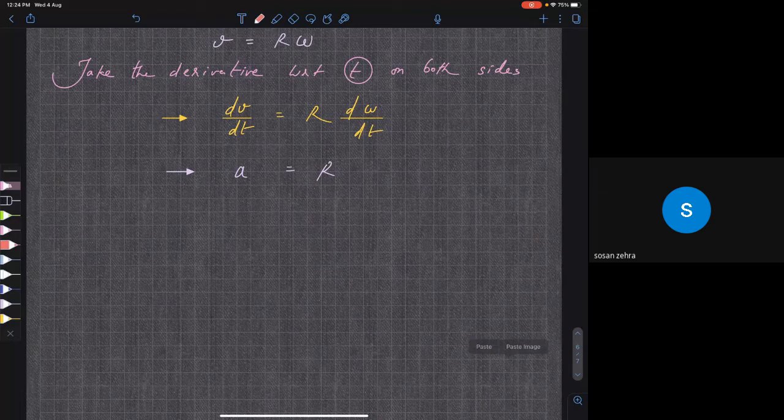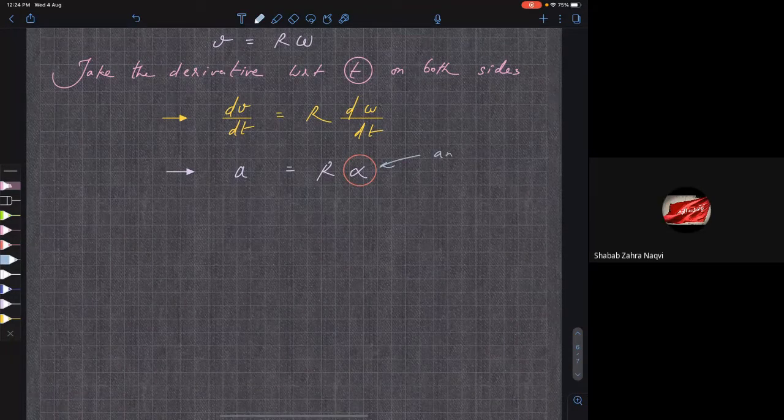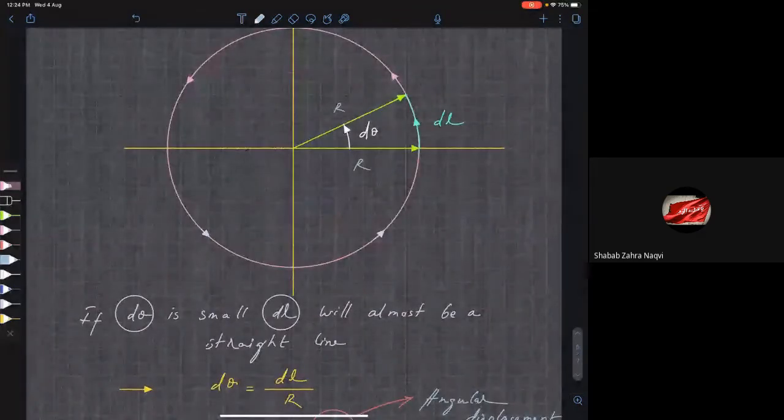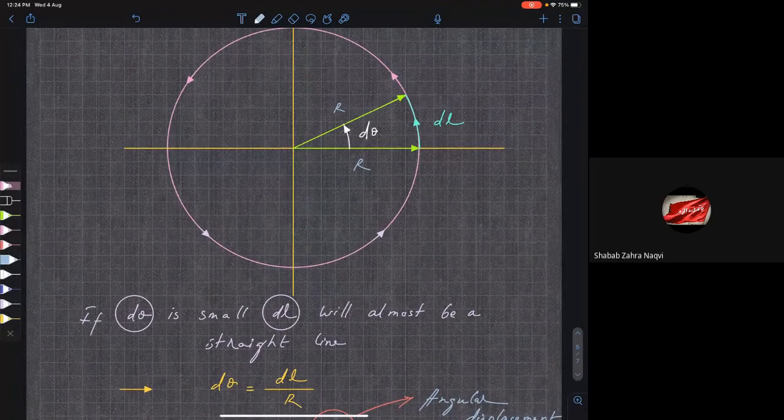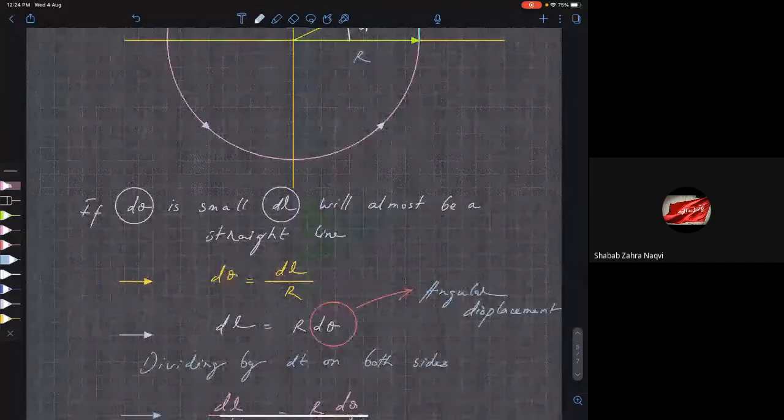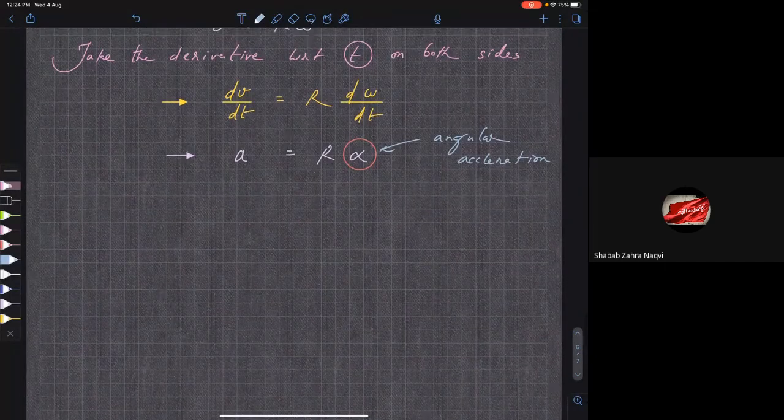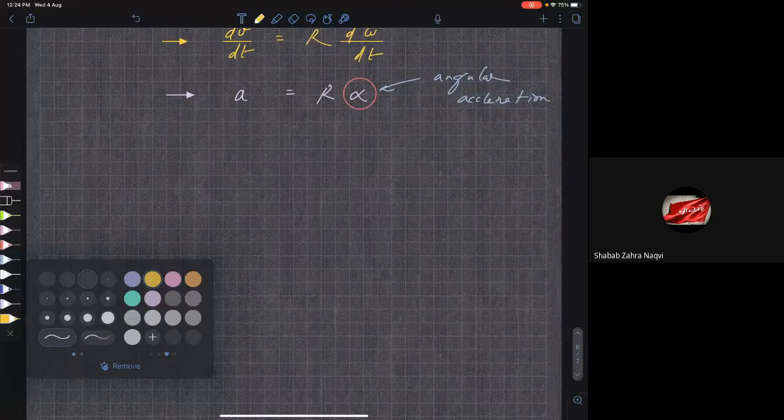So direction of the angular acceleration will depend on omega. If omega is increasing, it will be up the plane. If omega is decreasing, it will be down the plane. Clear?